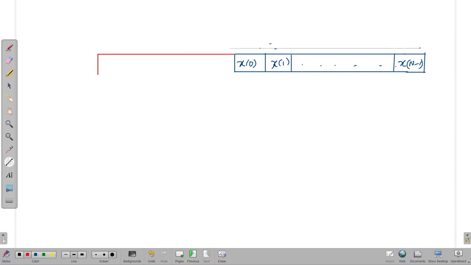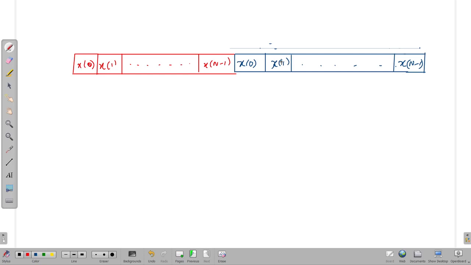This is the previous block. Similar to this, you have x of n minus 1, x of 1, x of 0.